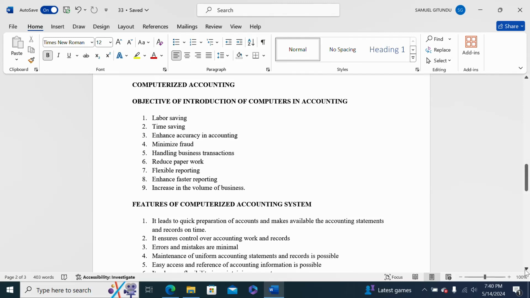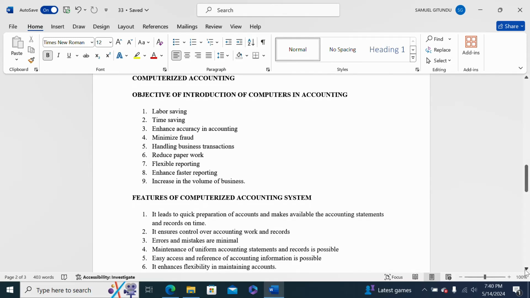For example, if you want an income statement or a statement of financial position, they are able to calculate those figures correctly. Then maintenance of uniform accounting statements and records is possible. Then there's easy access and reference of accounting information.